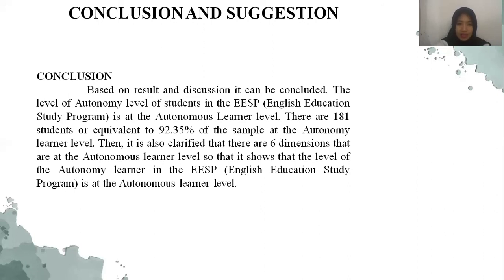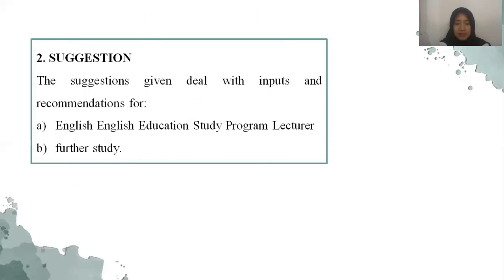And then suggestion. The suggestions given deal with inputs and recommendations for English education study program lecturers and also for further study. For the lecturers, this study result informs the lecturer about the autonomy level of ESP students. This study focuses on finding how autonomous students are in the English education study program in general, starting from semester 2, 4, and 6.